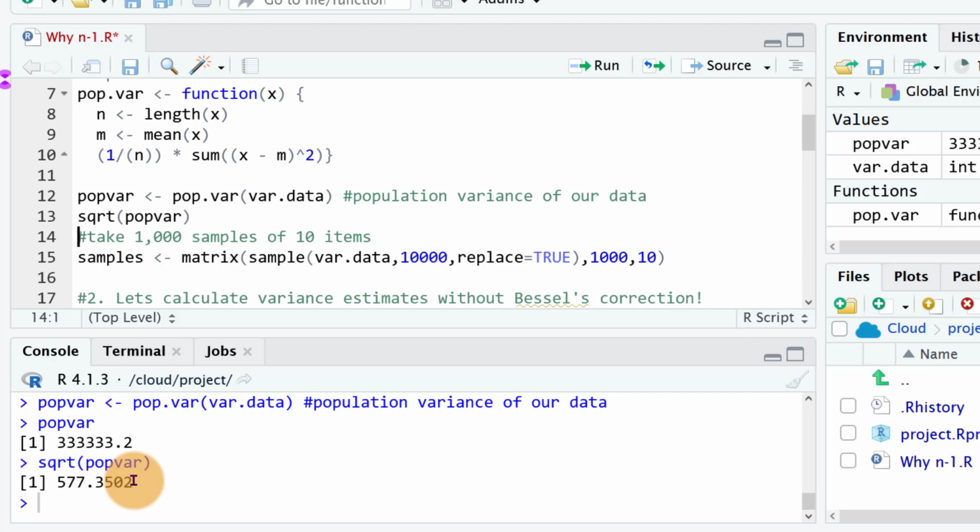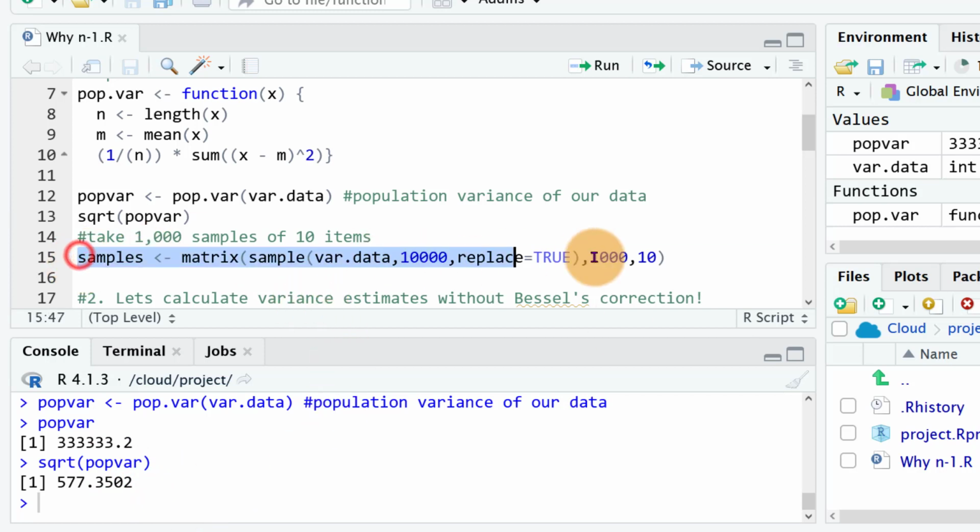In other words, most of the data is going to be within the mean, which is going to be around 1,000, actually slightly bigger. So the average of the numbers 1 to 2,000 is 1,000.5. It's going to be common for the numbers in our data to be about 577 higher or lower than average. That's going to capture most of our data. That's not a technical definition of standard deviation, but it's a good way to think of it.